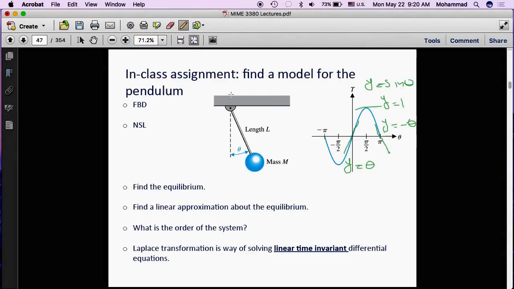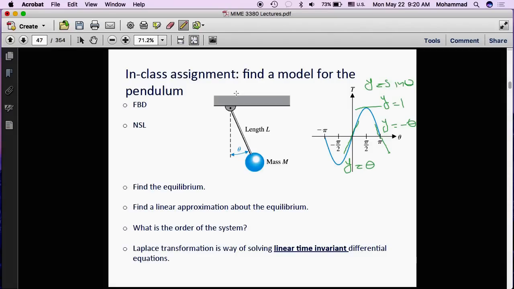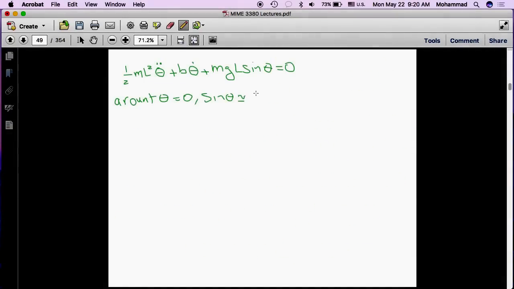We showed it around theta equals 0, which is the origin. Sine theta is approximately equal to what? What is the linear equation? The linear equation is theta. So sine theta is approximately equal to theta if you're close to theta equals 0. So we can replace it with theta.